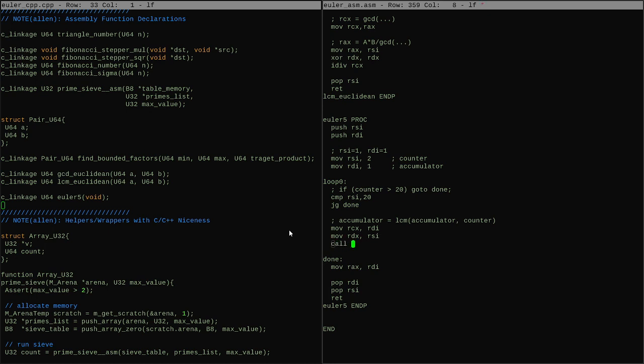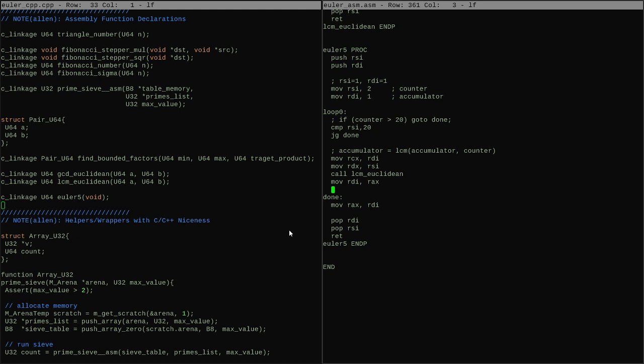I call LCM Euclidean, and then I move into my accumulator the result, right? And then wait, then I increment. So I do inc my counter, and I jump back to the beginning of the loop where the test will run again and all that. Okay.